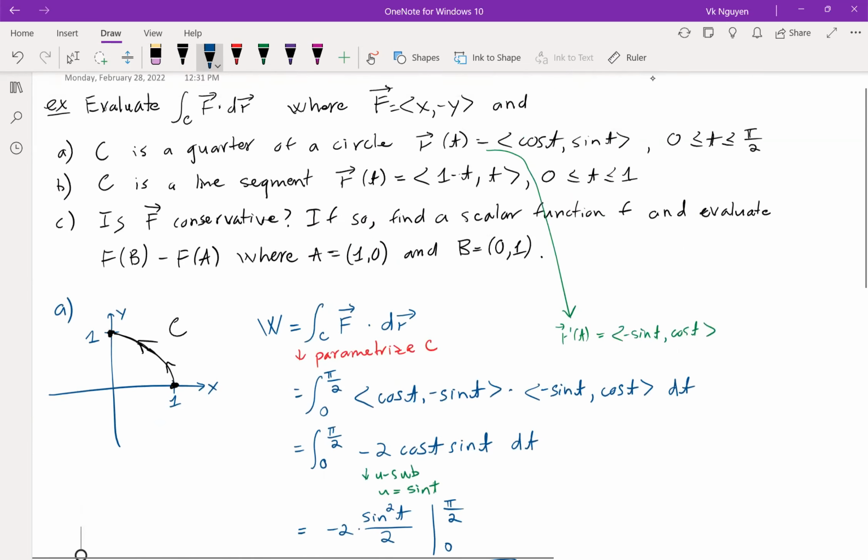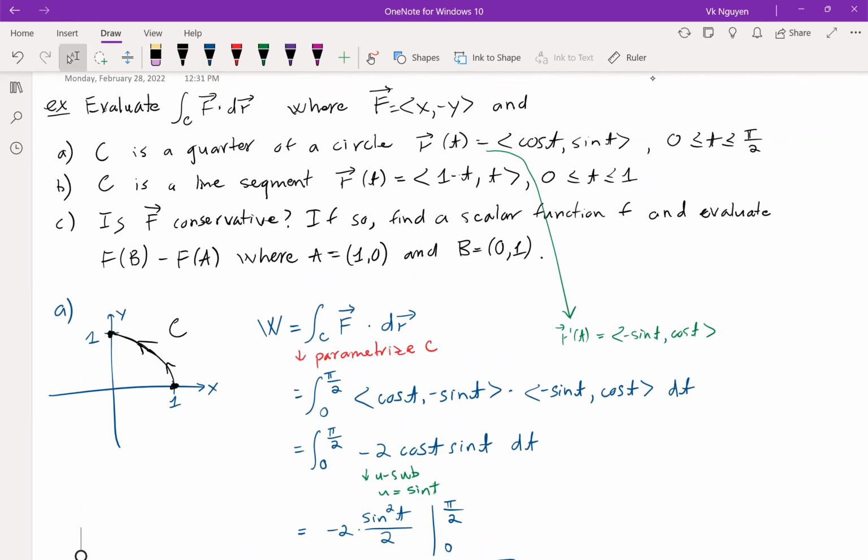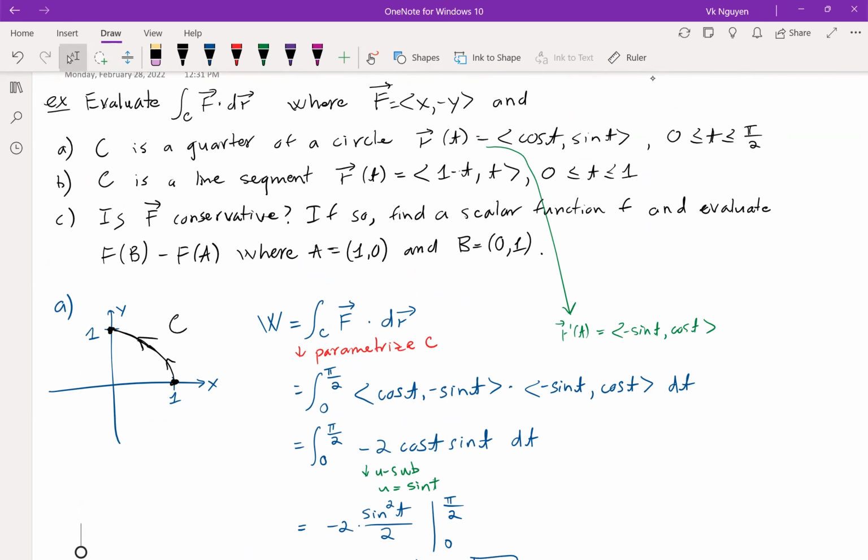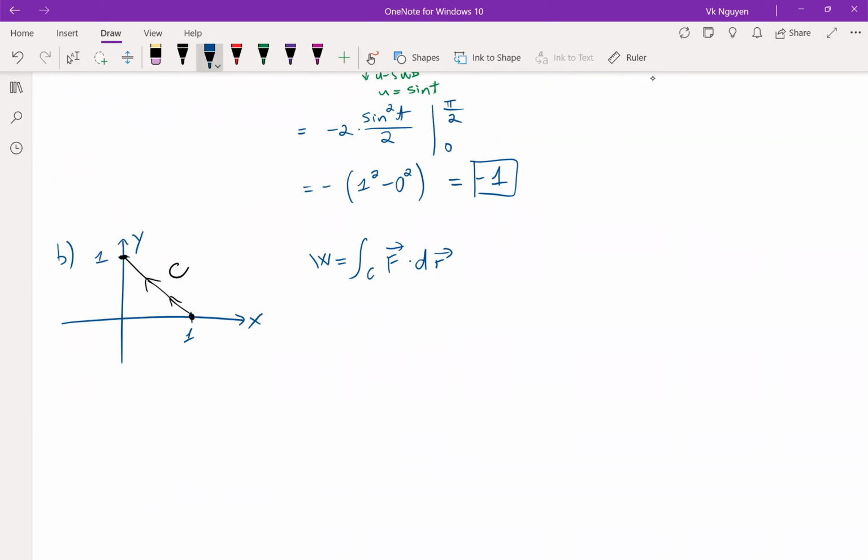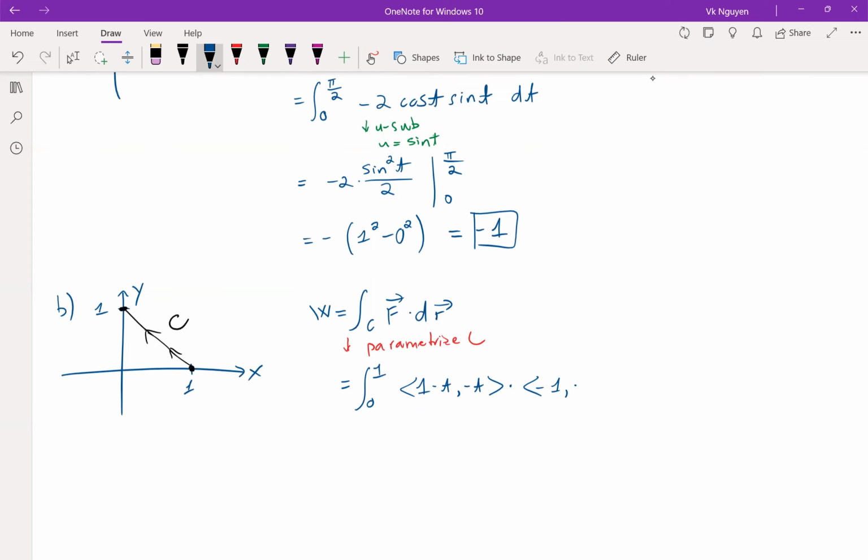Just be careful with the substitution here, right? x is 1 minus t and then negative y, so it's negative t. Parameterize C, dot dt.